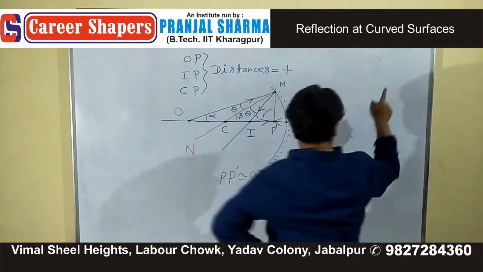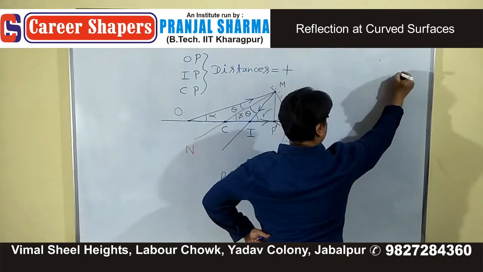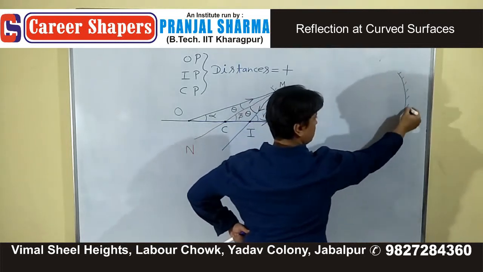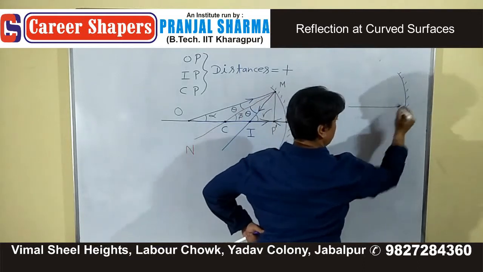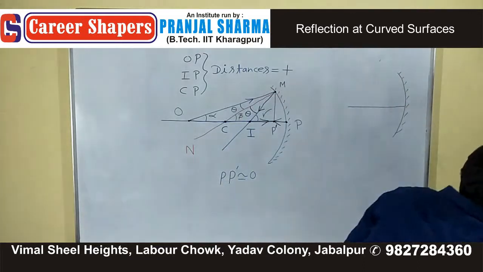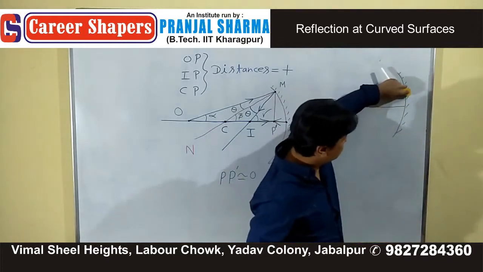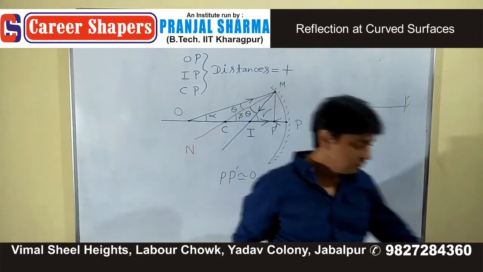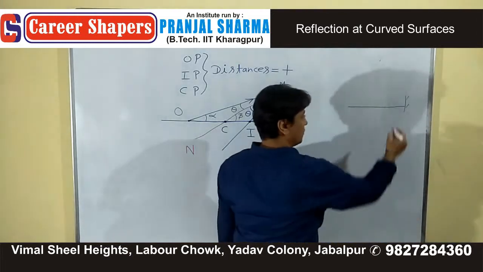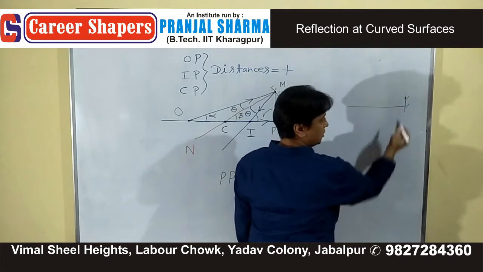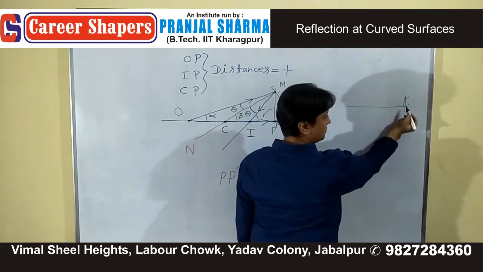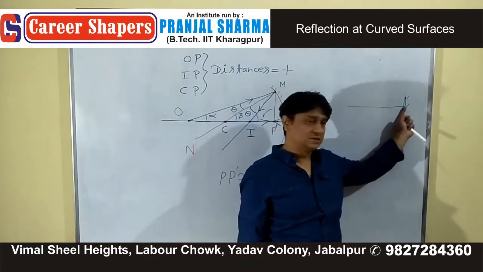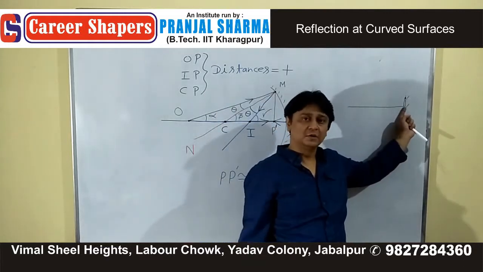What is happening? Look here. Instead of choosing a very large mirror, we are focusing on a small aperture of this mirror. Something like this. For a small aperture, from this point, if you drop a perpendicular, I don't know if you can see it or not, but this distance is very, very small.